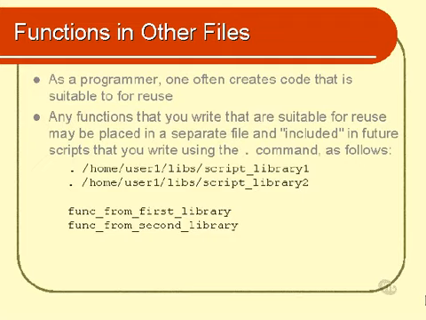Let's have a look at how that might look. Now, I've included two script libraries here. I've called dot, and the parameter to dot the first time is script library 1. Script library 1 could contain any shell script, and the code in that shell script would get executed immediately where the dot line is.